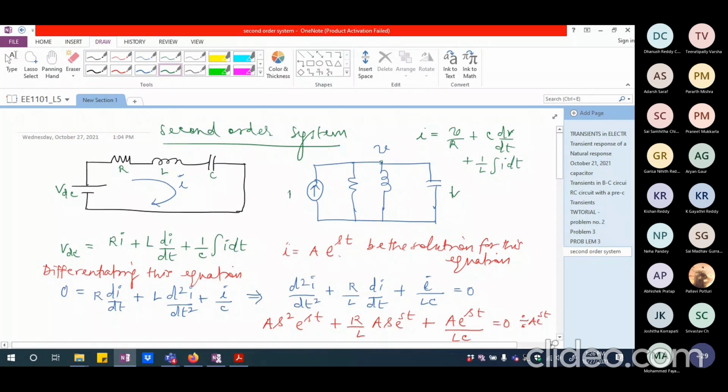This is the I I am supplying, not small i, this should be capital I. I am supplying a current here.